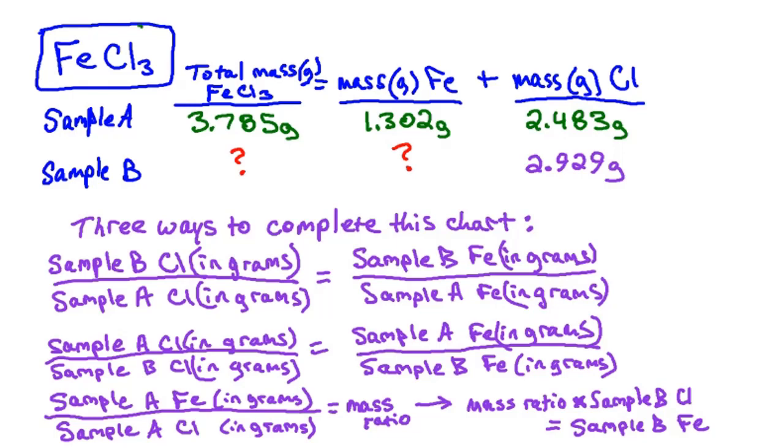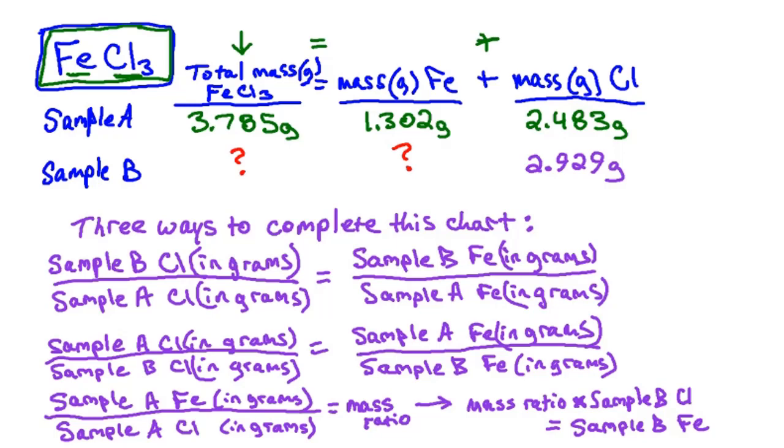It's dealing with, again, iron chloride, which is Fe, the iron, plus Cl3, 3 moles of chlorine. And as you can see here, the total mass of FeCl3 equals the mass in grams of Fe plus the mass in grams of chlorine.